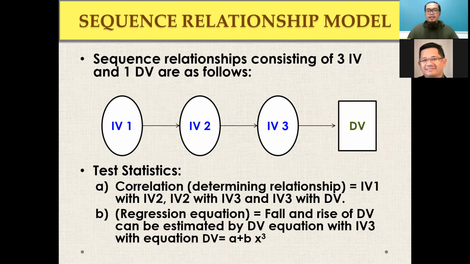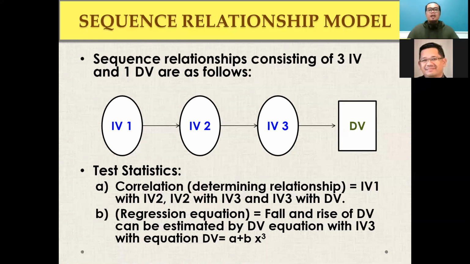Okay, from this figure, we can also use regression equations. The rise or fall of the dependent variable can be estimated by the equation of DV with IV3, DV equals a plus b x3.